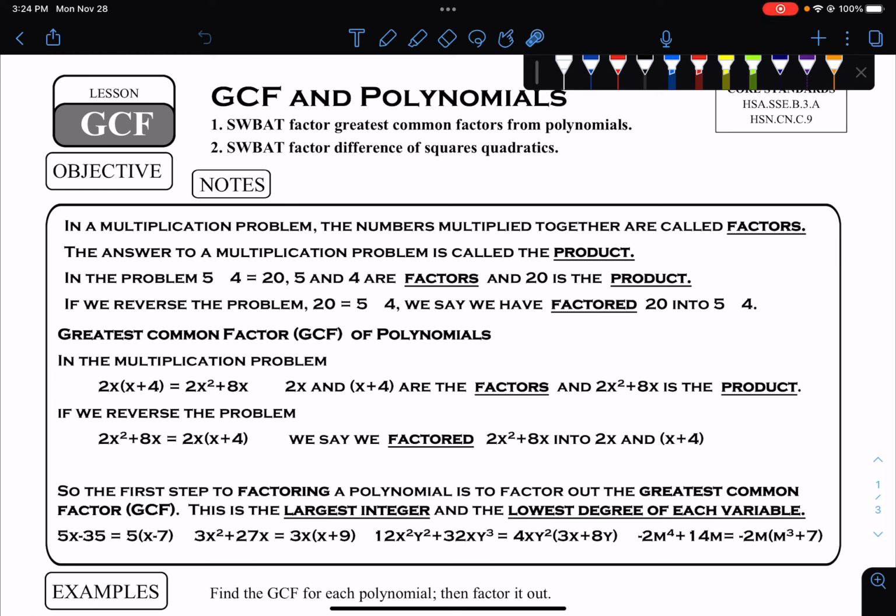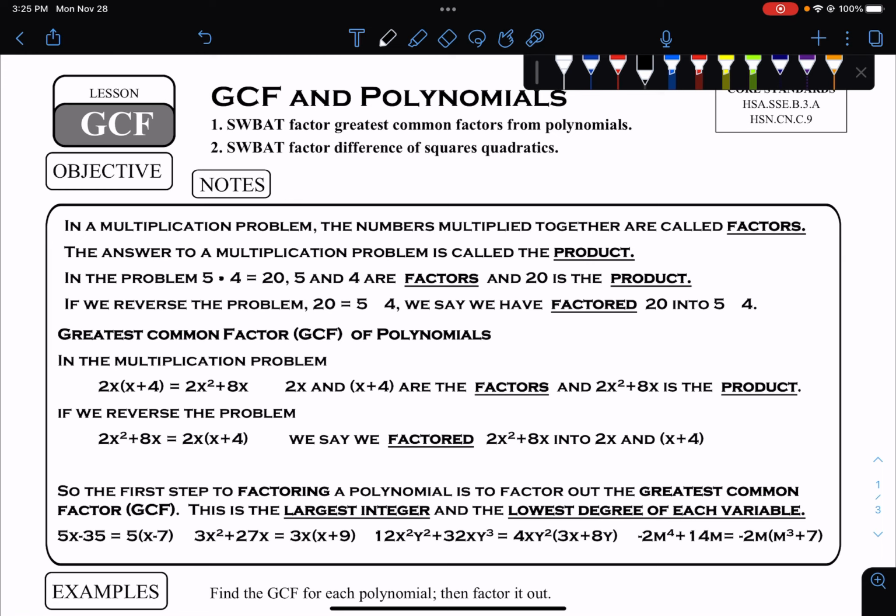So a couple of review things. Greatest common factor. In a multiplication problem, the numbers that you multiply together, we call those factors. The answer to a multiplication problem is called the product. So in the problem 5 times 4 equals 20, 5 and 4 are the factors, and 20 is the product.